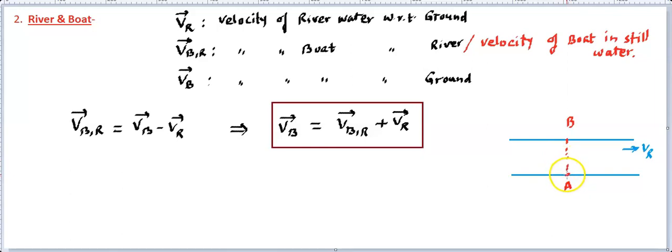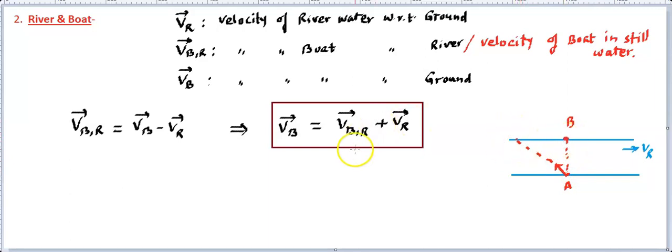If you are taking a boat and crossing this river, and you just want to go from A to B, just opposite direction, then you must have observed that the boat will start moving like this. And it will appear to you that the boat is taking you somewhere else. But ultimately you will find you will reach B instead of this point C.